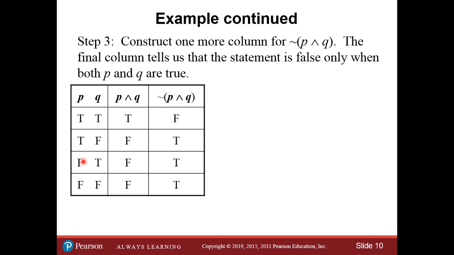If there's any F, it's false. So now we want the negation of P and Q, which means we're going to take all of the truth values here and take the opposite truth value. So this turns to F and all of these F's turn to T. And we're done.